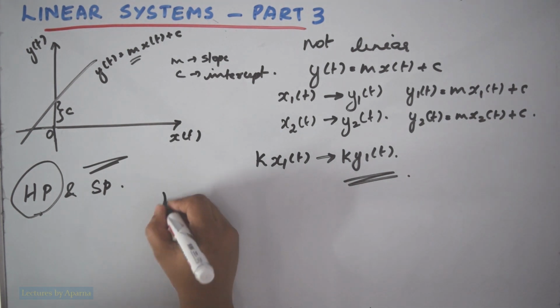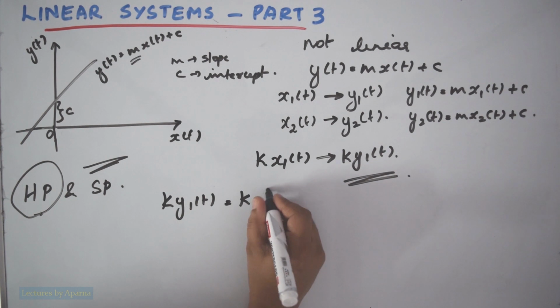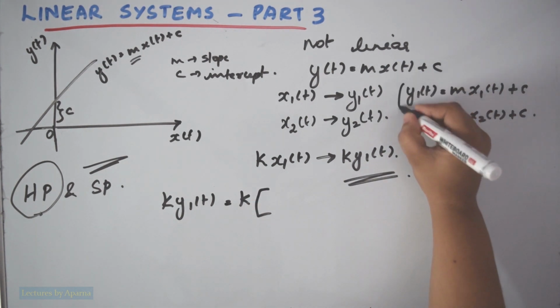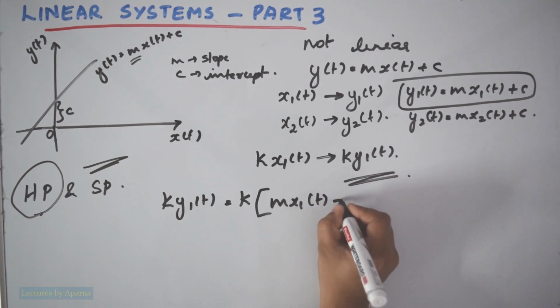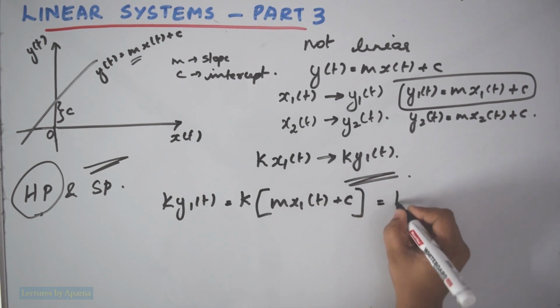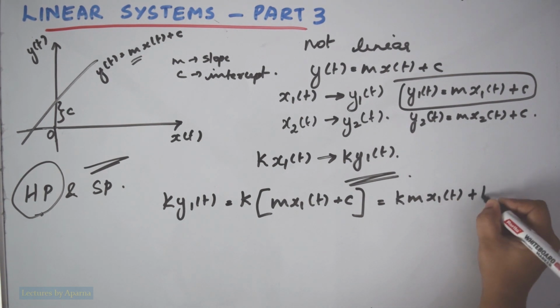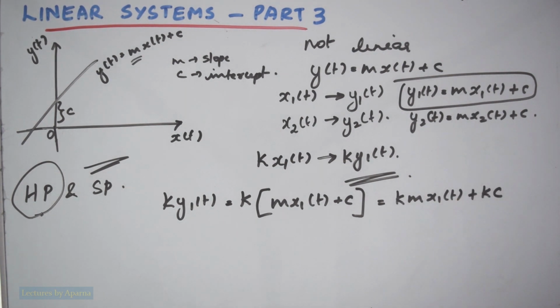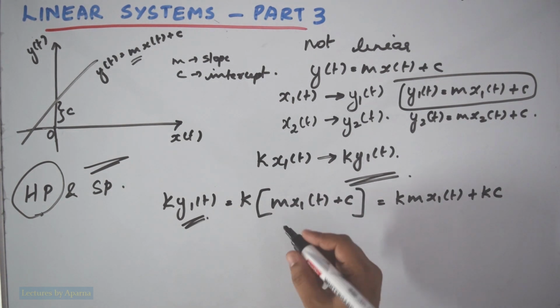So what is k y1 of t? k y1 of t is equal to k into m x1 of t plus c, which is equal to k m x1 of t plus k c. So this is the value of k y1 of t that we should get.